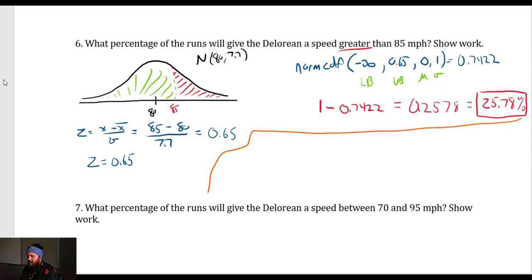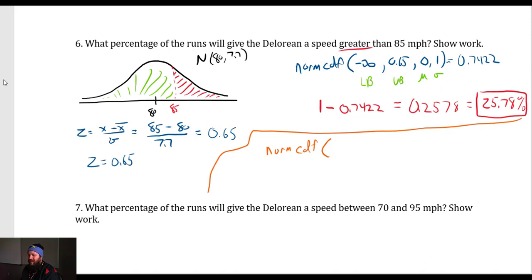You could use normal CDF. We're going to do this two ways: first with the z-scores and then with the actual numbers.